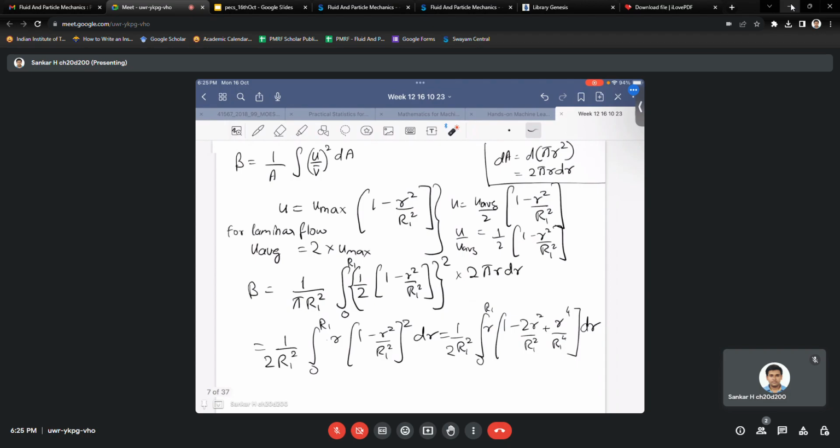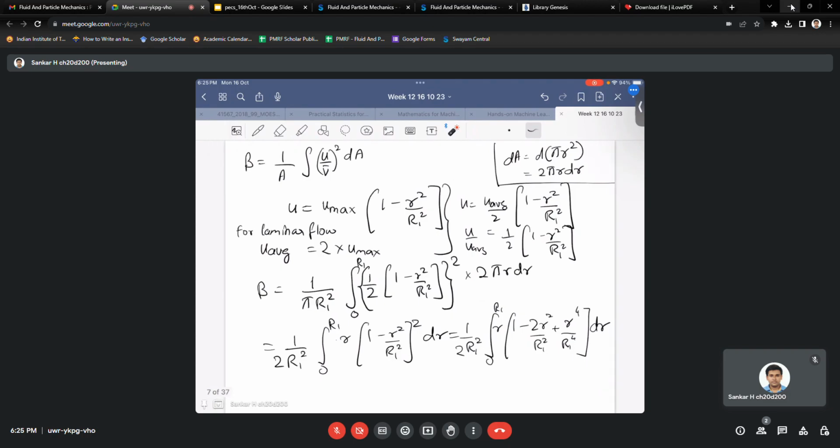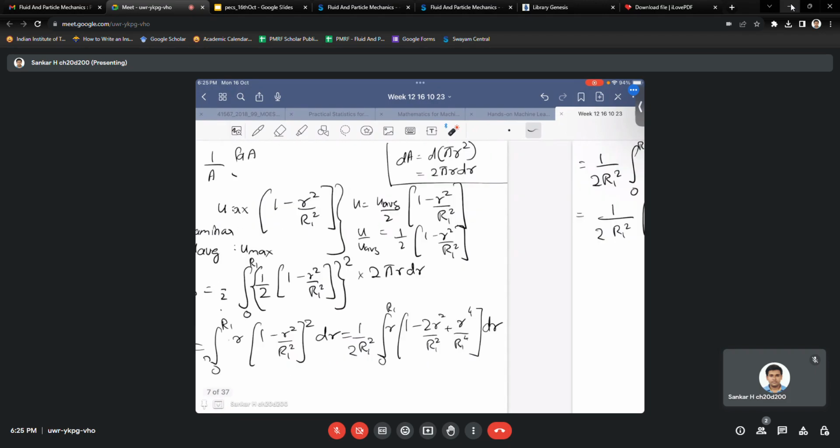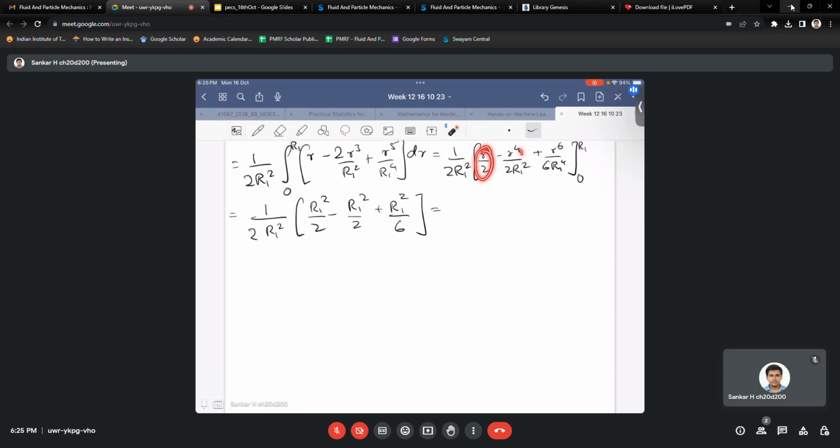Okay. And if I substitute, multiply with r cube, r raised to 5. And if I integrate that, r square by 2, r raised to 4 by 4 and r raised to 6 by 4, limit of 0 to r1 square by 2 minus r1 power 4 by 2.